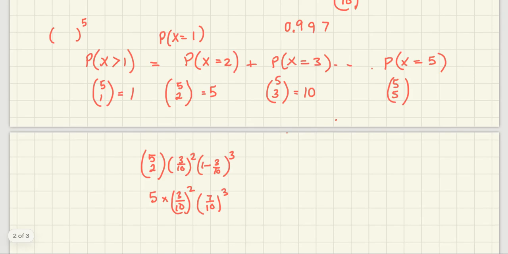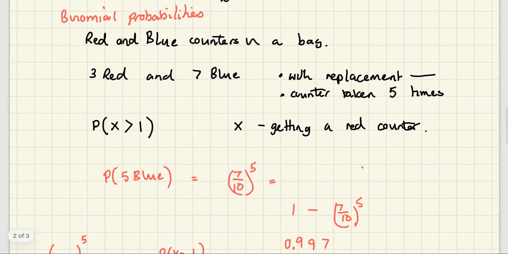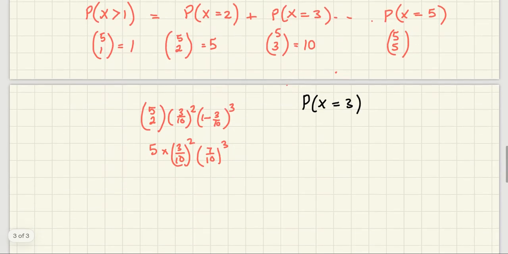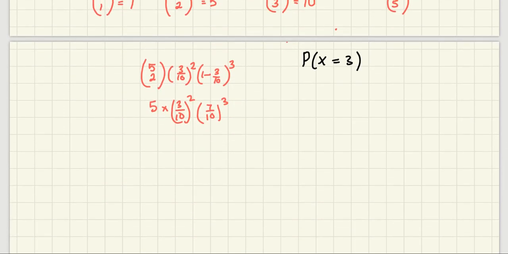So the probability of just getting x equals 3. So the probability of getting a red counter. Red is 3 out of 10. So the probability that we get 3 red counters is, well, the coefficient is going to be 5C3.